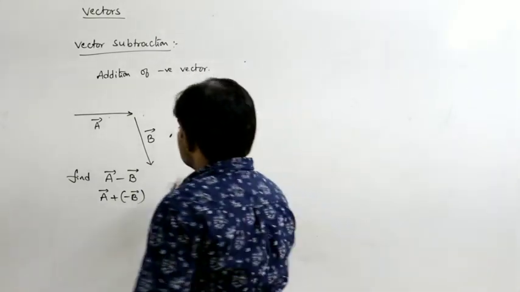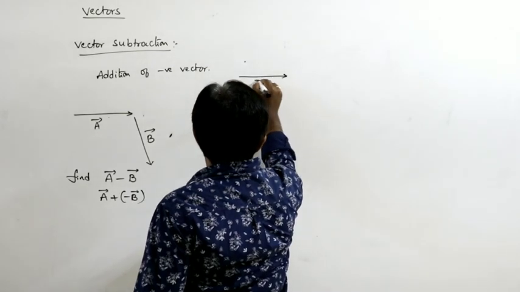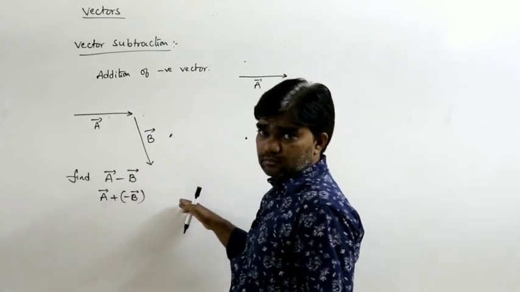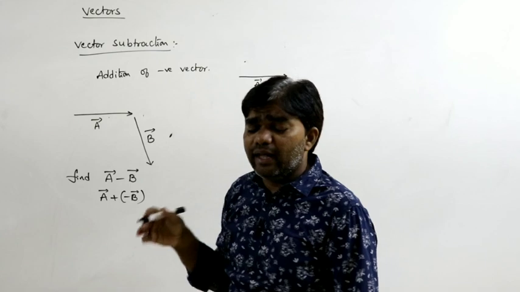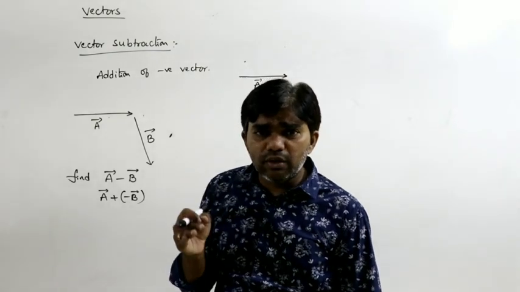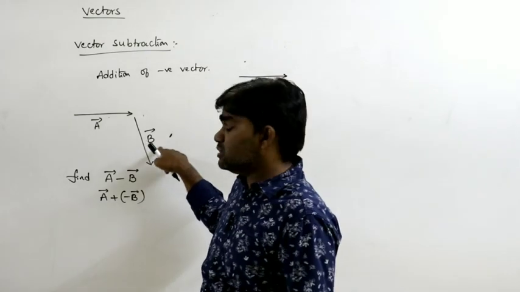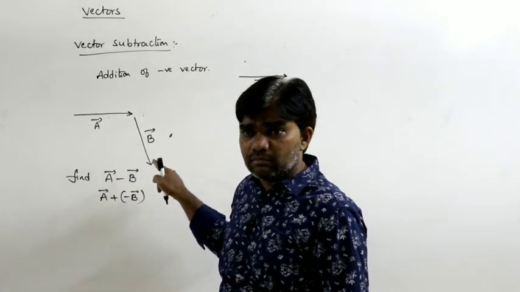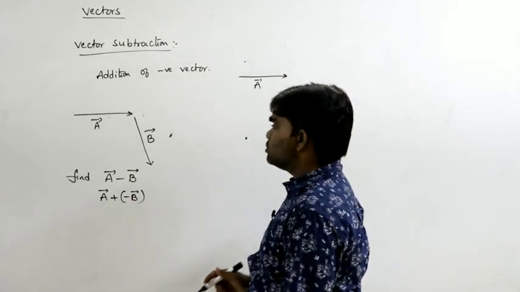That is important here. So how can you do this? See here, this is A bar plus of minus. This is the direction of B bar. What does negative vector mean? Negative vector means the magnitude of the vector is the same but the direction is exactly opposite to the direction of the original vector.